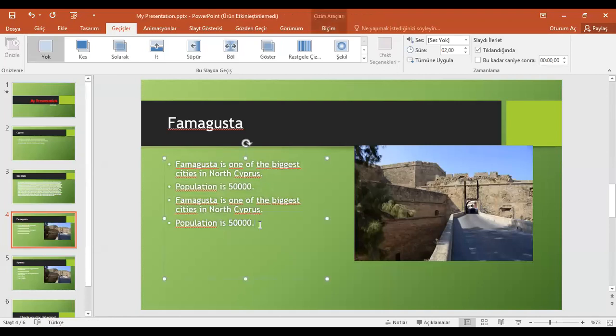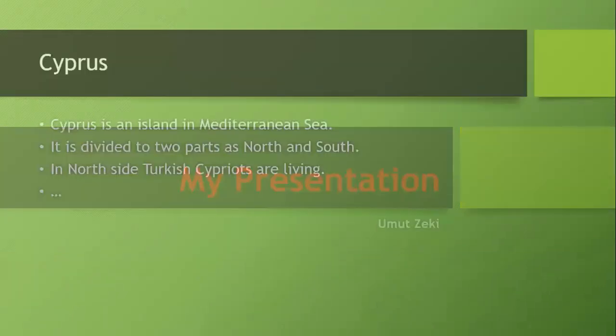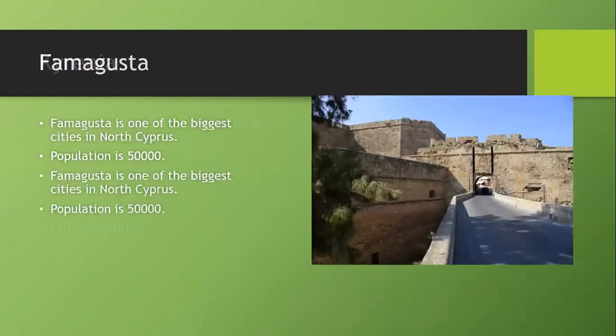Okay, here we applied it for only the first slide. So let's apply it to all of them. To do that, I have to select from transitions in timing group, apply all. When I select apply all, and again start the presentation, as you see, now it is applying to all of them.